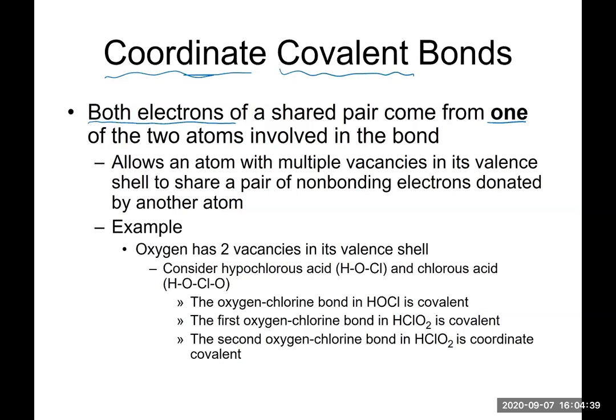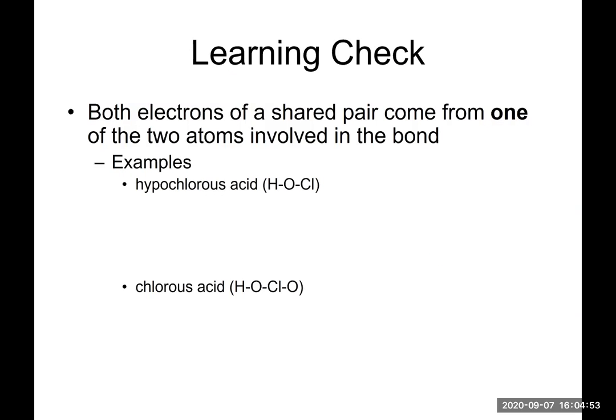For example, oxygen has 2 vacancies in its valence shell. So let's consider these 2 different acids, hypochlorous acid and chlorous acid. Let's draw the Lewis structures for each one of them, and then try to make a determination about the structures and where the electrons are coming from.